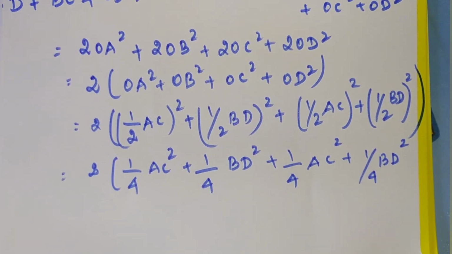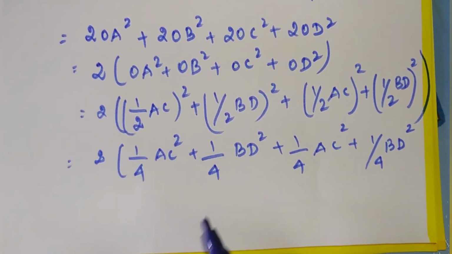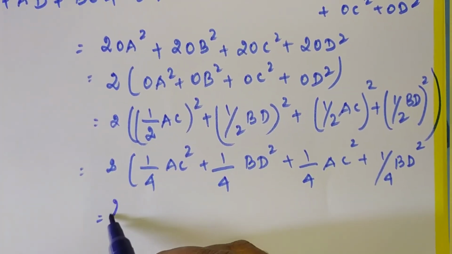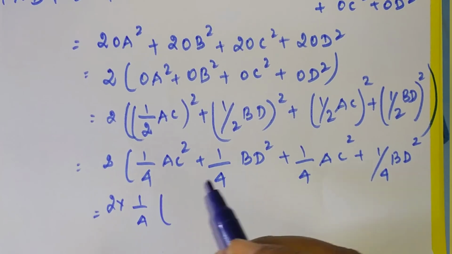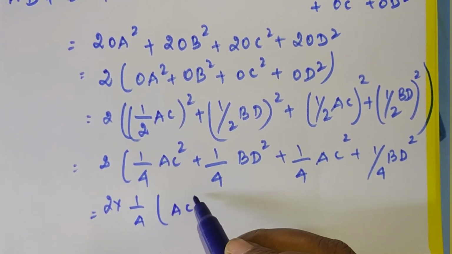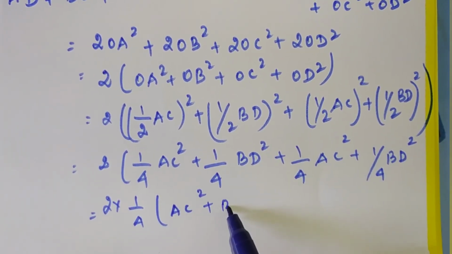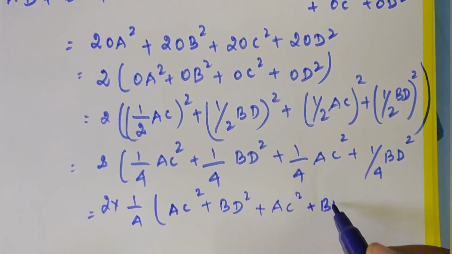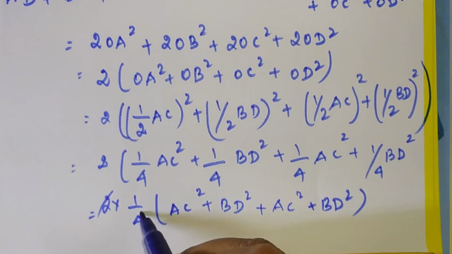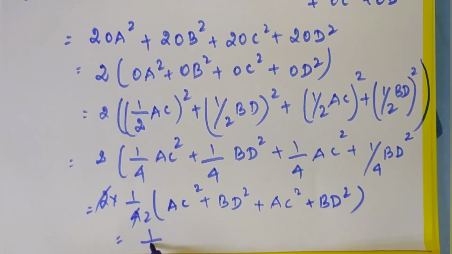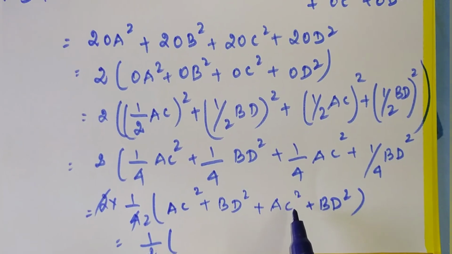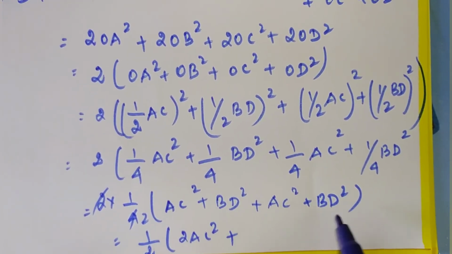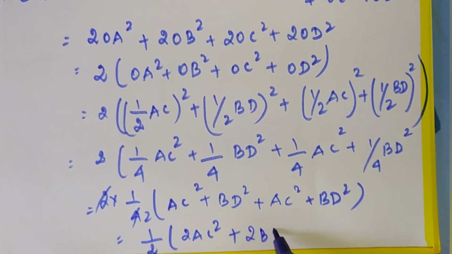Take 1 by 4 outside. So the remaining is AC square, BD square, AC square, BD square. So AC square twice is 2 AC square, and BD square twice is 2 BD square.